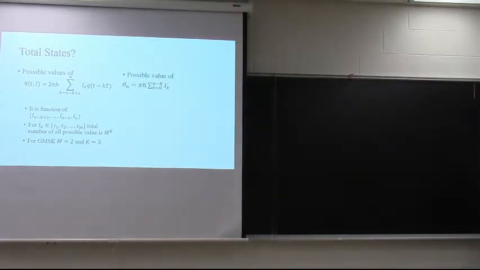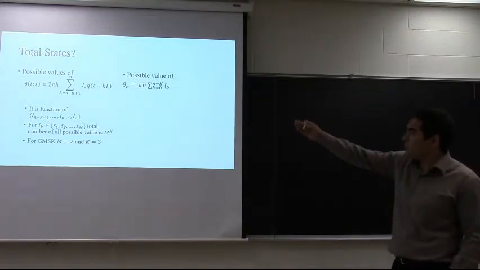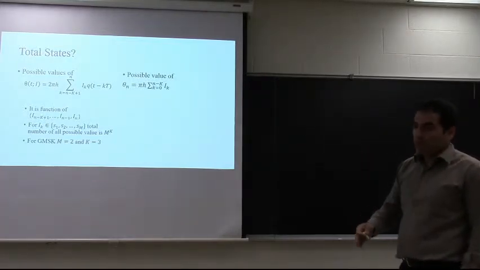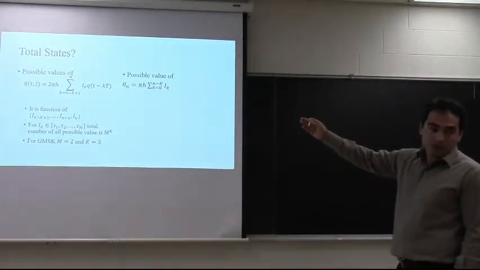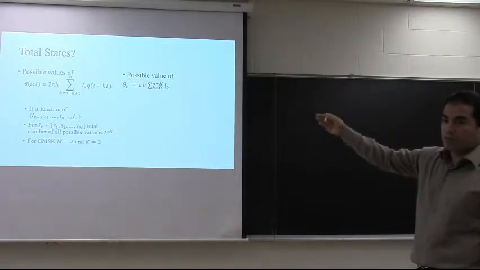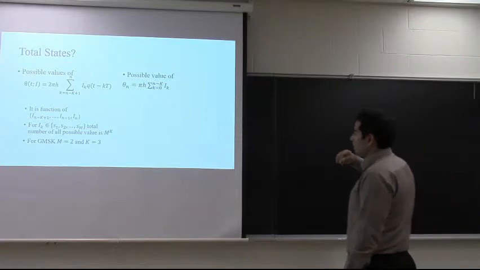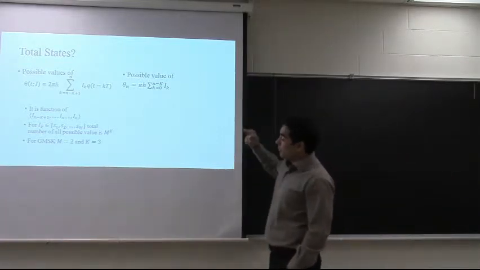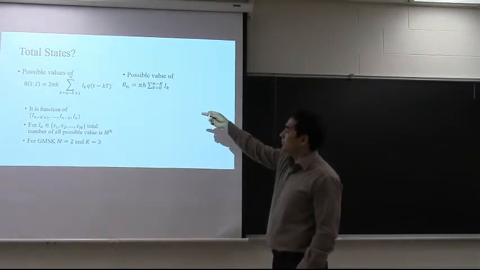Okay, what about this one? Any idea? It is actually a function of h. When h is 1 over 2, or half, how many possible values? 4: 0, pi over 2, minus pi over 2, and pi. But the point is that it's a function of ik and also a function of h.